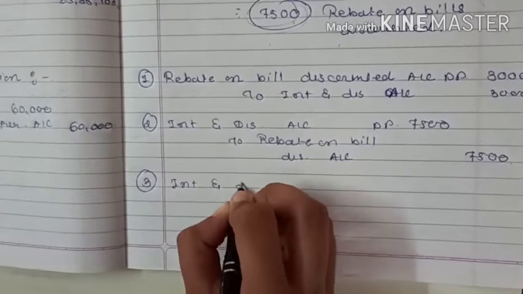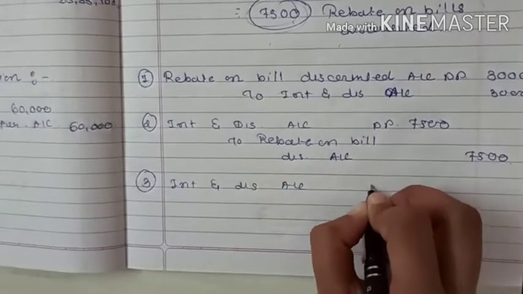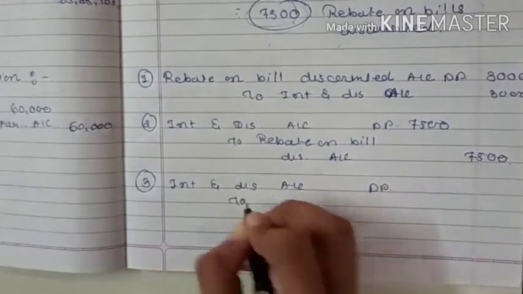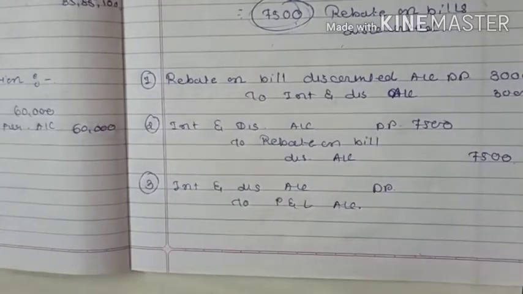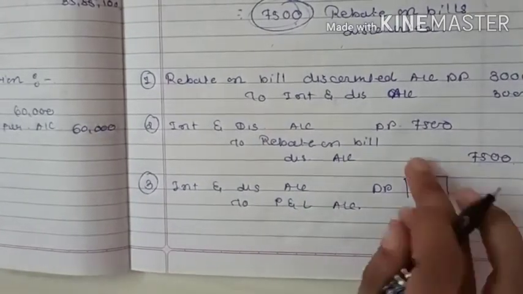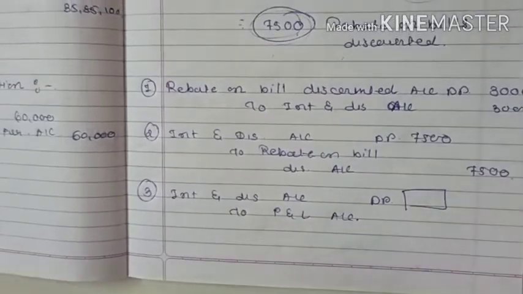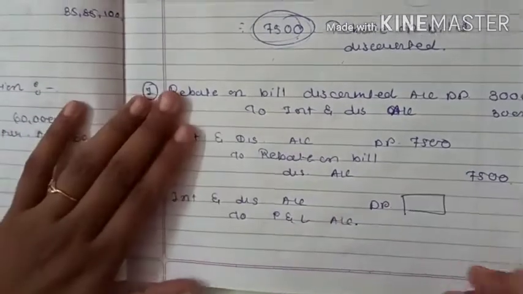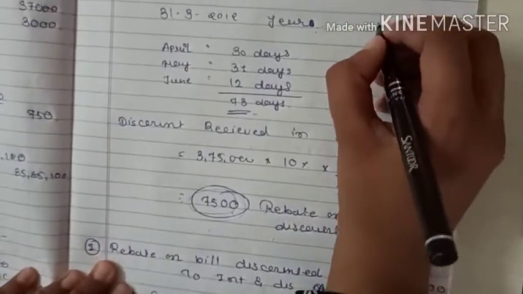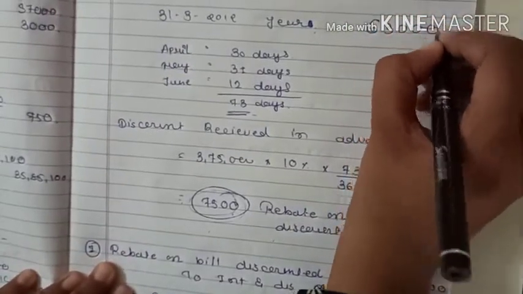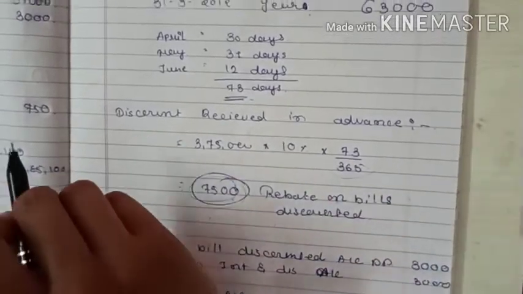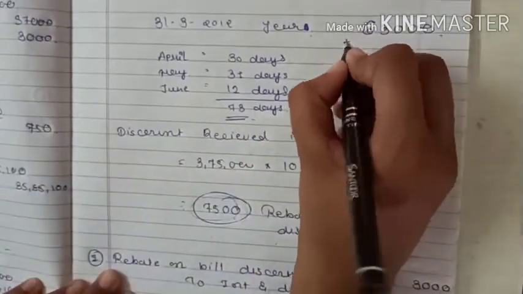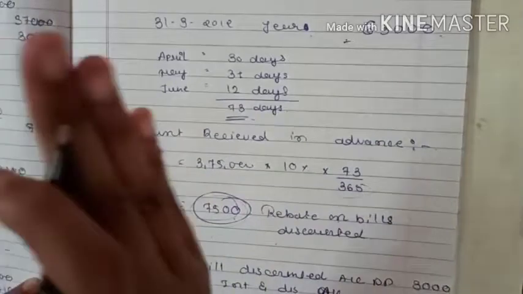And the last settlement entry, interest and discount account debit to P&L account. Now the amount we have to find out. How do we find it? The total discount earned is 63,000 rupees, right? Out of which the previous year's bill discount is related with the current year.